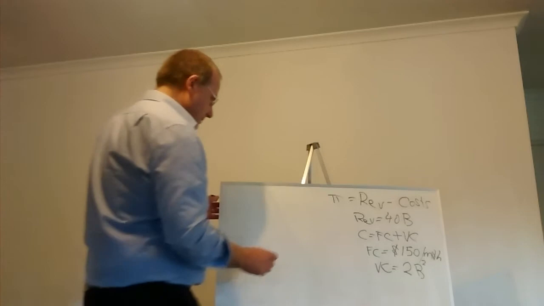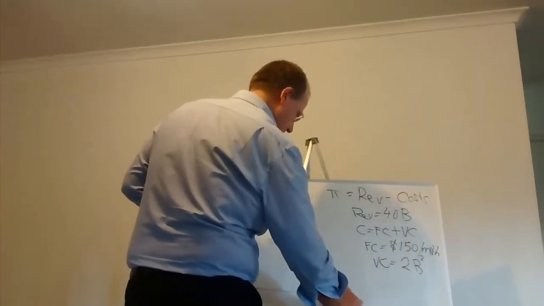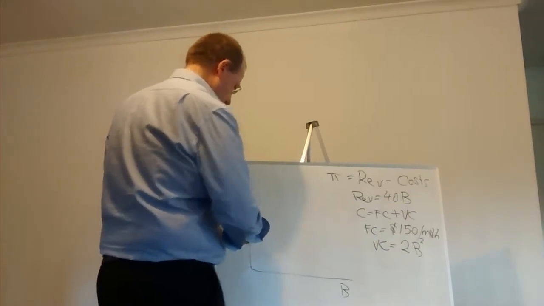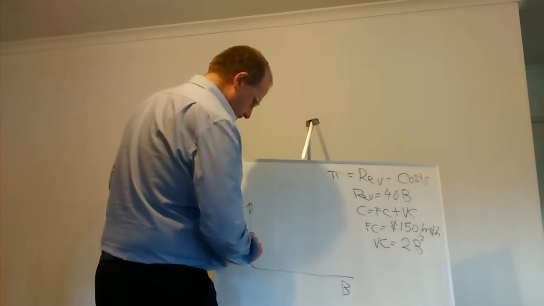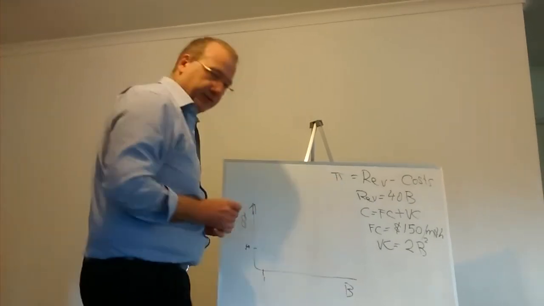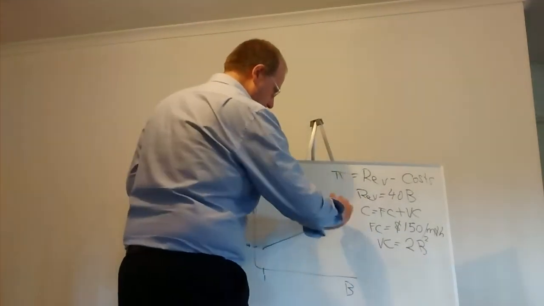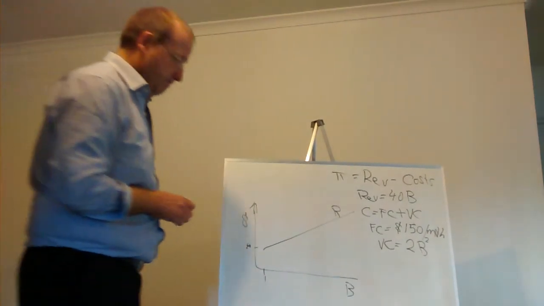And so what that means, if we graph this, is b, these are dollars. So at 1, Mary makes $40 in revenue, and she makes no revenue if she doesn't make one.